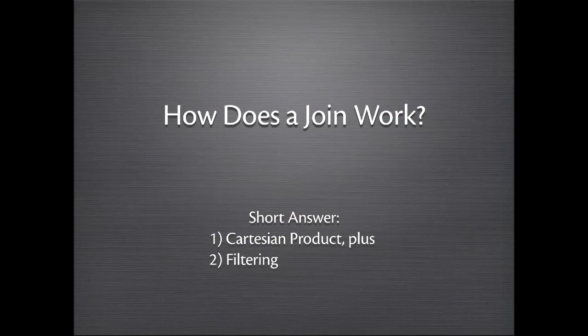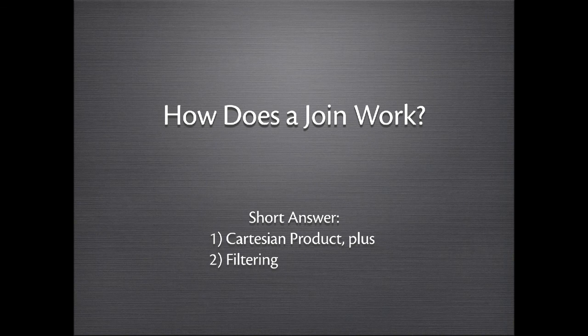All right. A little technical chalk talk. That is to say, how does this actually work under the hood? Now, if you want to skip this part, feel free. If everything that we've talked about so far makes sense, that's great. However, I think understanding how a join actually works makes you write better queries because you understand how the pieces fit together.